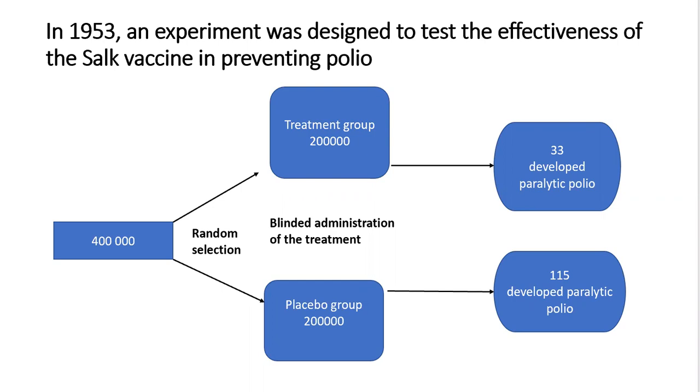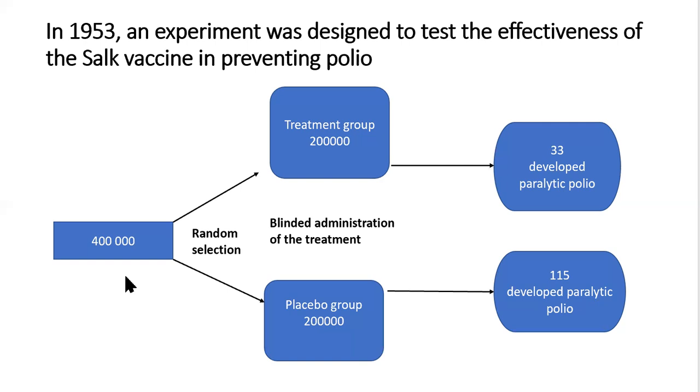So 400,000 children were selected, and then they were divided into two cohorts. Each one consisted of 200,000 people, and the selection into groups had to be random, like by a flip of a coin.